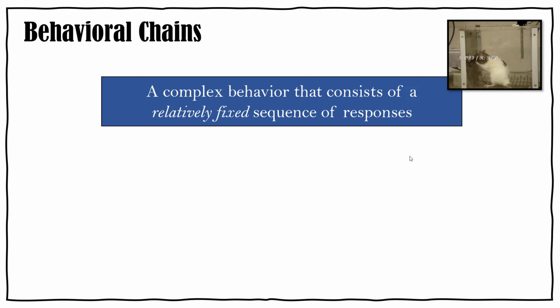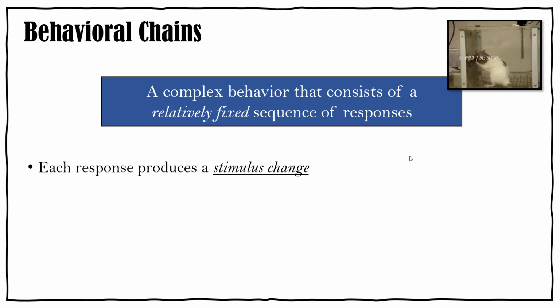Okay, so now on to chaining. So if you have a complex behavior, then chaining might be a really good strategy for you to teach that complex behavior. So usually with chaining, you have a behavior that you can break down into different steps.